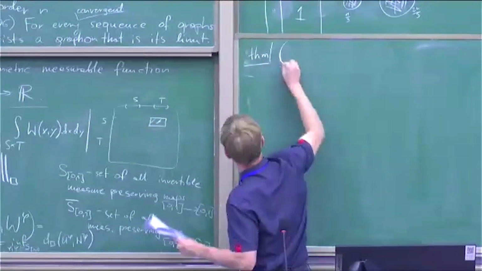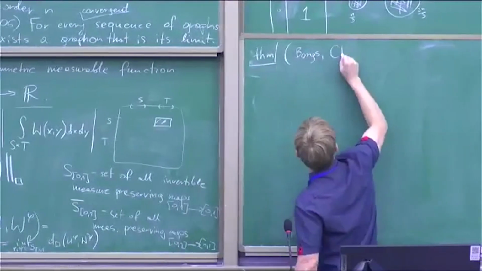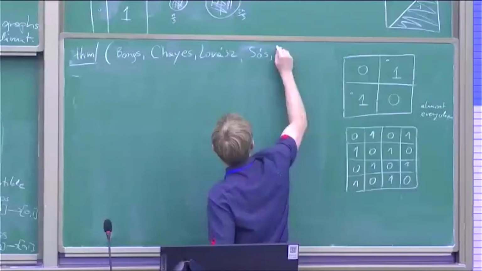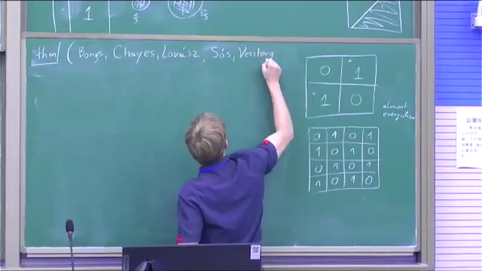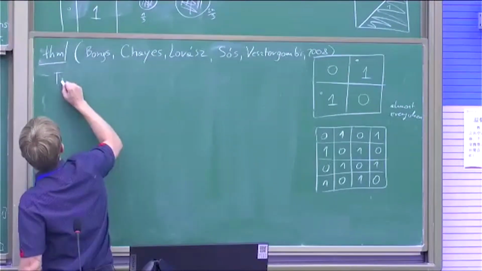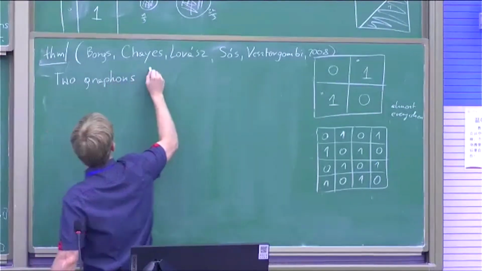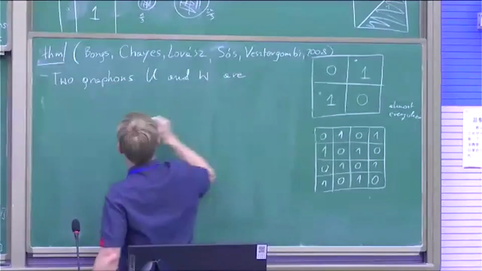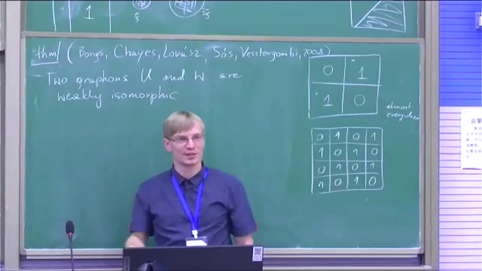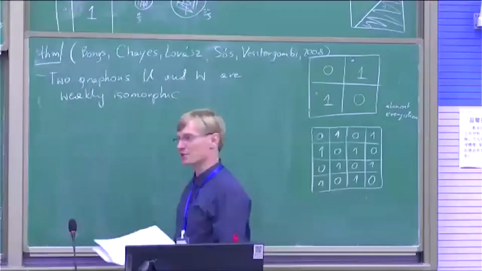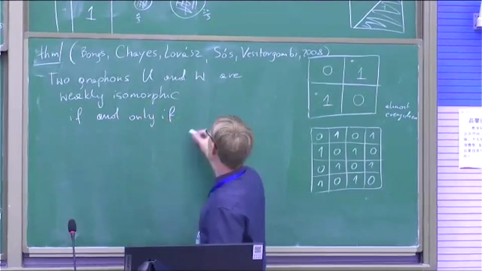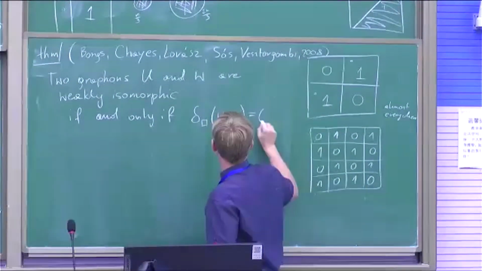The important theorem of Lovász and Szegedy is saying that two graphons U and W are weakly isomorphic, which means that they are limits of the same convergent graph sequences, if and only if the cut distance between them is 0.